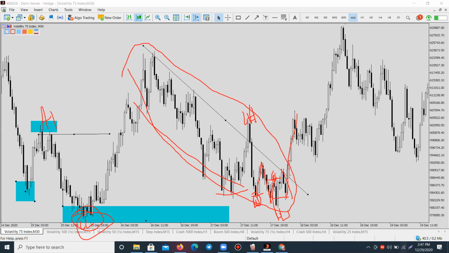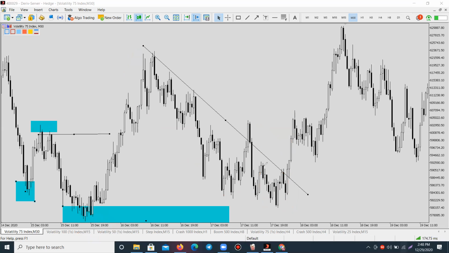But remember, if we go to M15 to understand this structure on this level, we have the M30 lower high that market never broke. See what happened? Market gets on this area, breaks the zone, returns here, then continues with the movement.